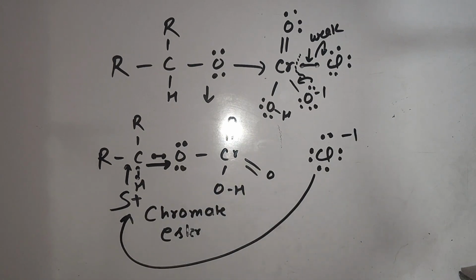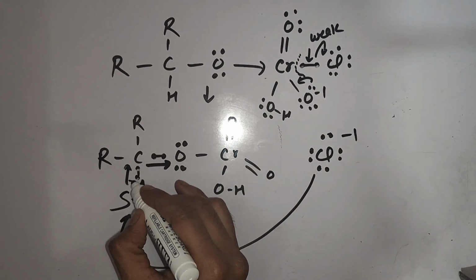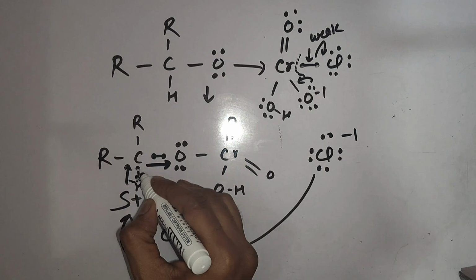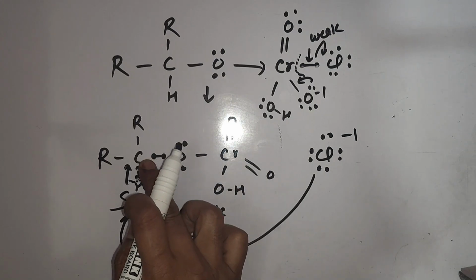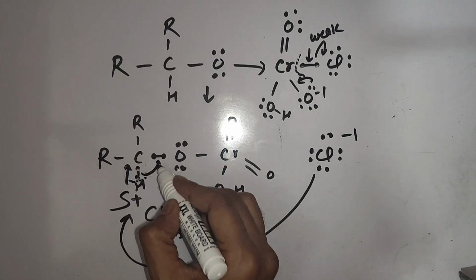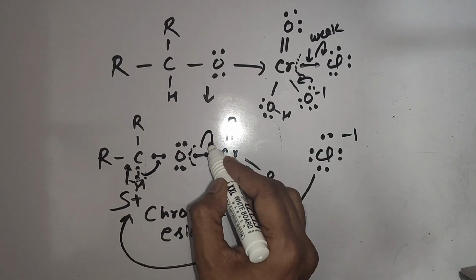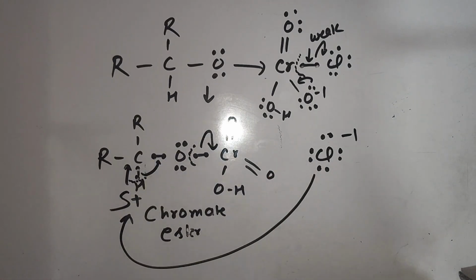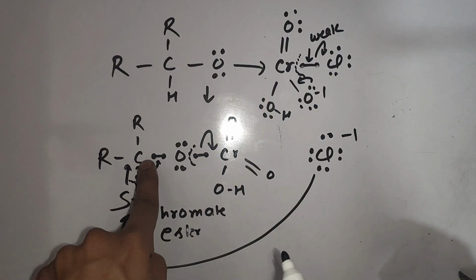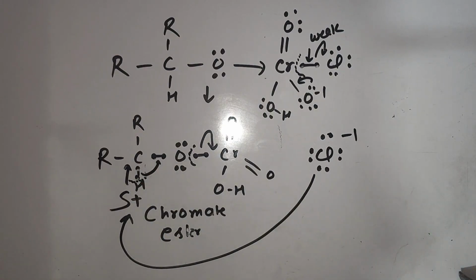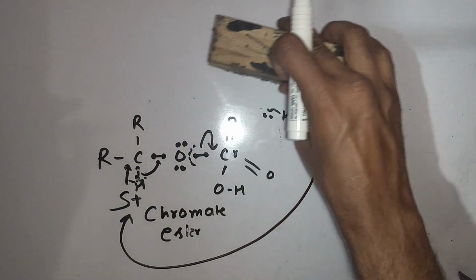The bond will break between carbon and hydrogen, and obviously electrons will be shifted toward oxygen for double bond formation, and the bond will break. These electrons will be further pushed toward chromium, and here we will have a generation of a carbon-oxygen double bond. So what will be generated? Let's write it here.